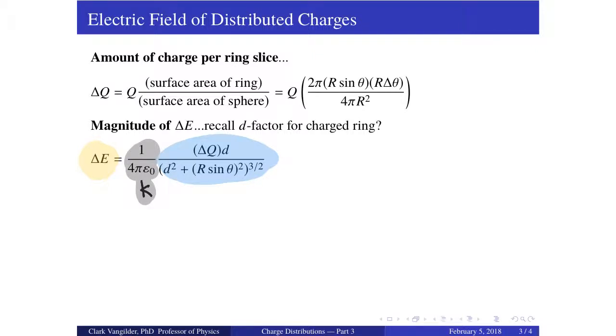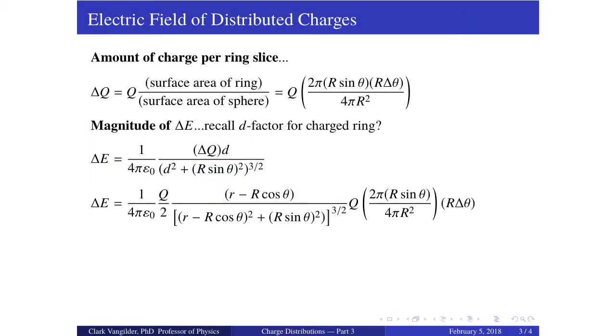Now we can take that chunk of charge that's dependent on whatever angle we're at. D was defined a slide or two back as that. Again, we want to get rid of extra variables, because it's going to be hard to integrate with two variables.